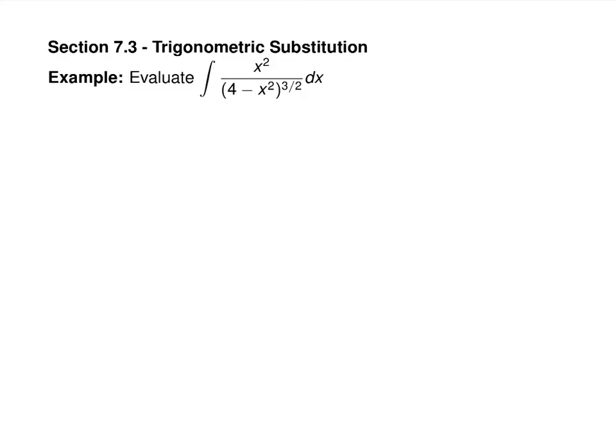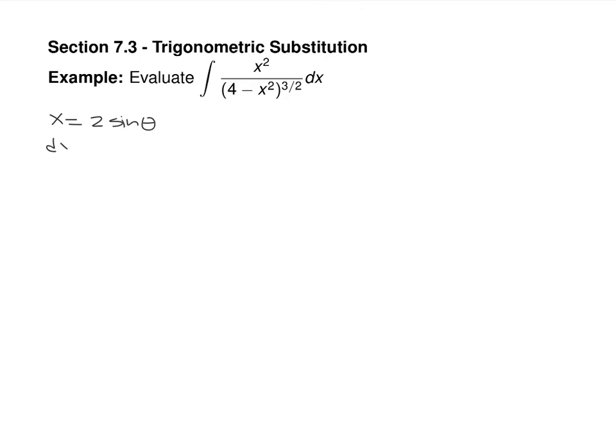Alright, next we have trigonometric substitutions, and these are tricky, so you probably won't be asked very many of these. So first of all, we have a number minus x squared, so we're going to somehow use a sine. Since it's 4 minus x squared, we're going to let x equal 2 sine of theta.